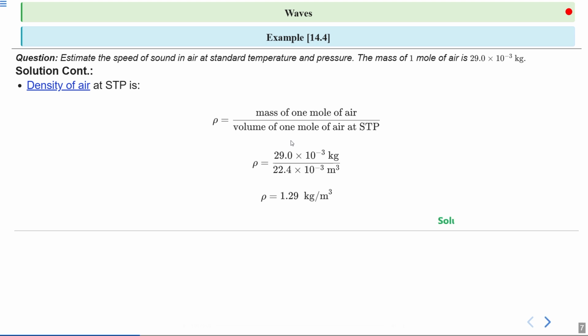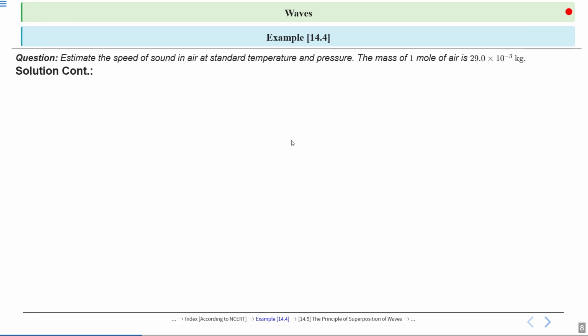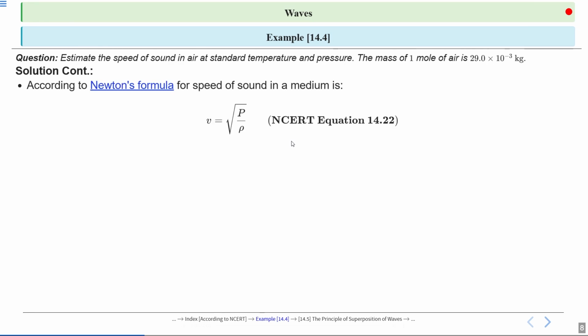So now let's recall Newton's formula for the speed of sound in a medium.